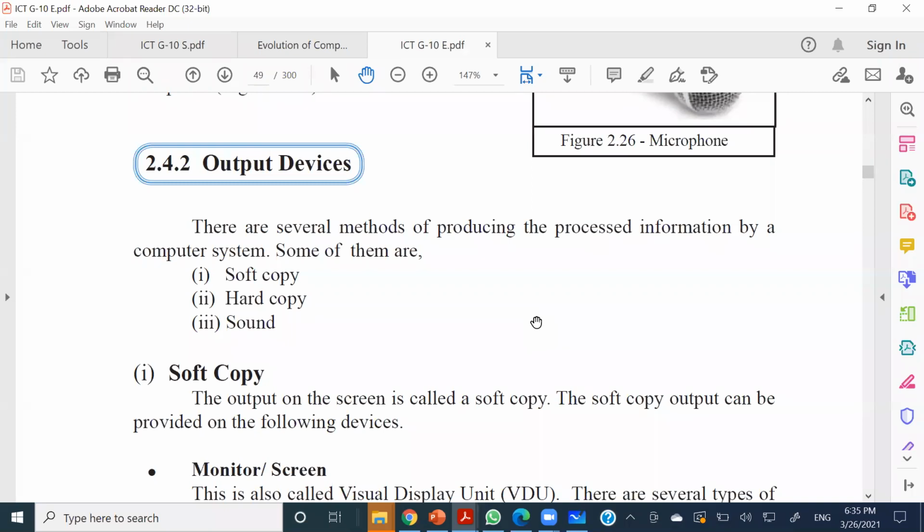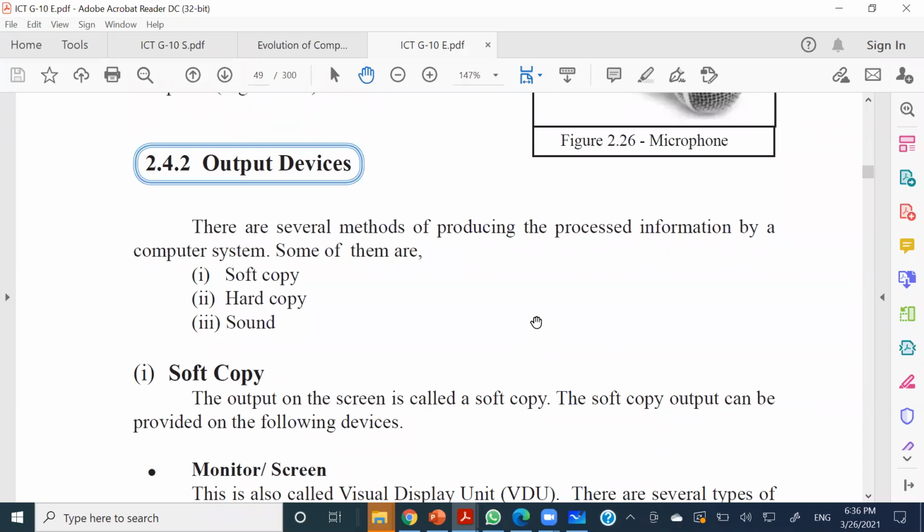When it comes to outputs, there are many ways of having the output, but there are three major ways of producing outputs: in the form of soft copy, in the form of hard copy, and in the form of sound. Soft copy means something that we can see but can't touch. So it is intangible.